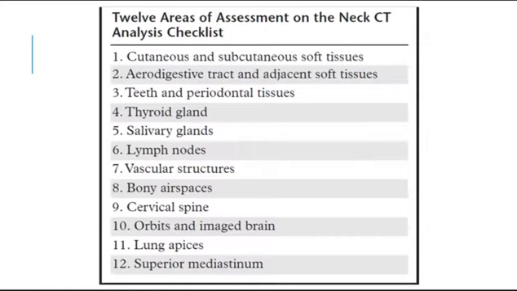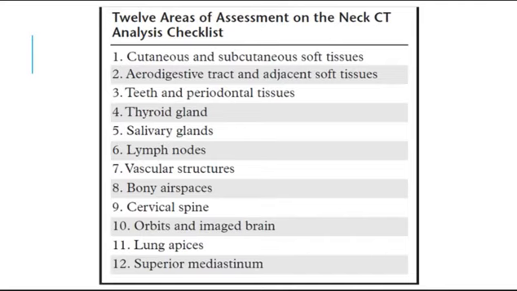The 12 areas of the neck CT analysis are, first of all, the cutaneous and subcutaneous soft tissues, and later the aerodigestive tract and adjacent soft tissues, and then the teeth and periodontal tissues, which are mostly missed by most of us in CT scans of the neck, and the sinuses especially, and the thyroid gland.